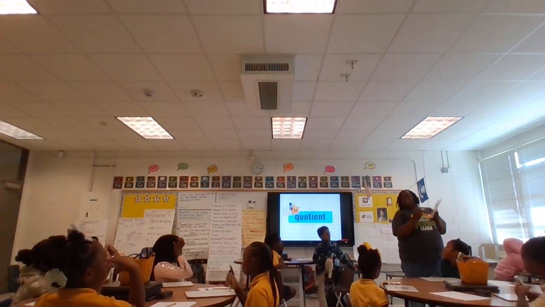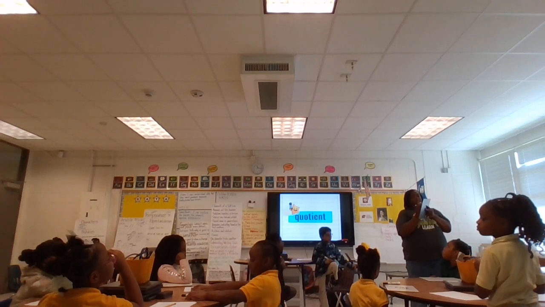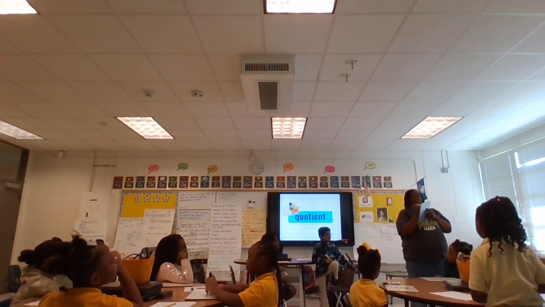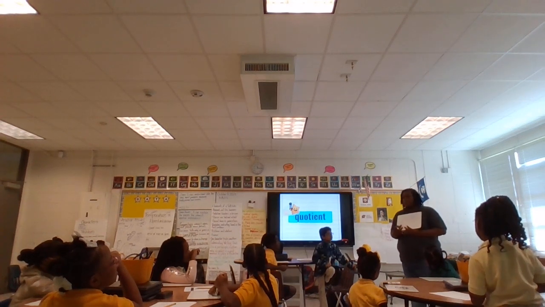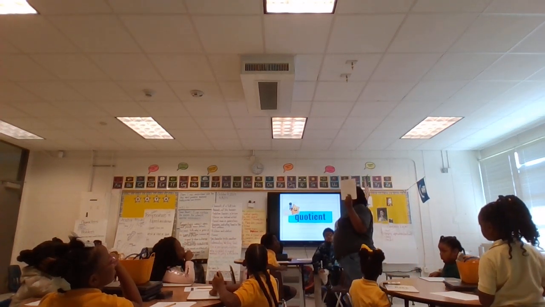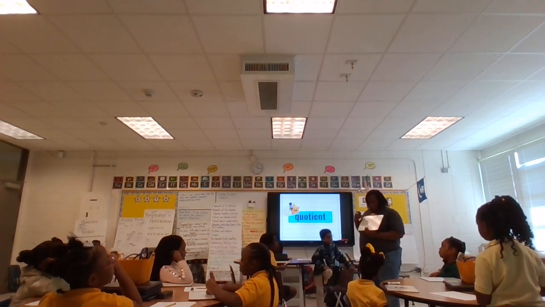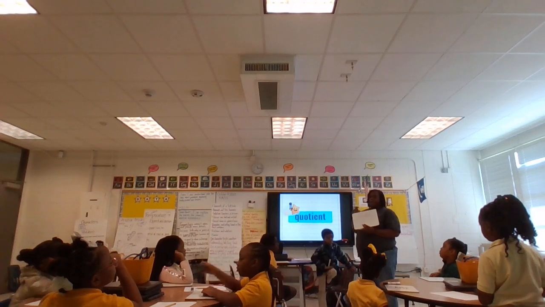Because normally it'll be set up like this. This is normally how your division problems are set up. You'll get more into that in 4th grade. But normally you find the quotient, which is your top number. Okay?